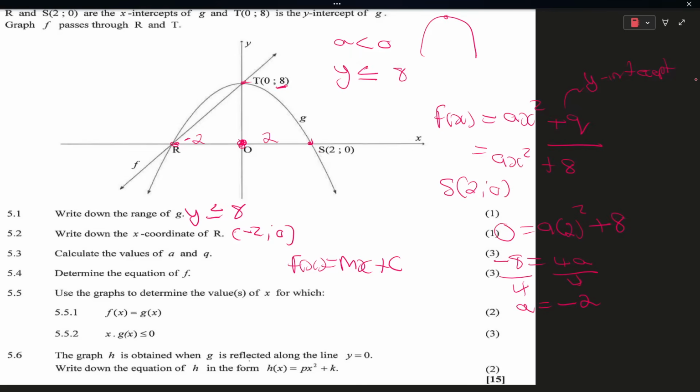We know that R is the point on f at x and also g at x. And the value of c on a straight line is also the y-intercept. So I replace my y-intercept. It's going to be mx plus 8. Now I can choose to substitute point R, which is -2, 0.